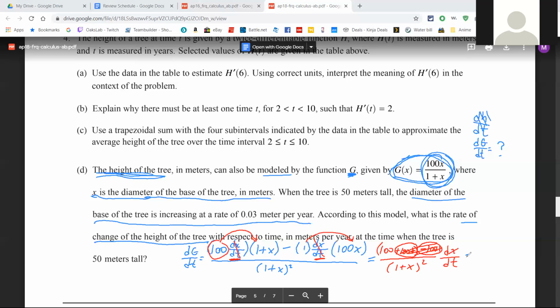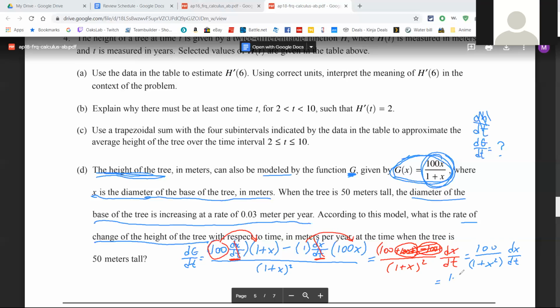So I just have 100 over 1 plus x squared times dx over dt. Is that what I really have? Do you have questions? All right, so from here, all we have to do is plug in stuff to finish it off.